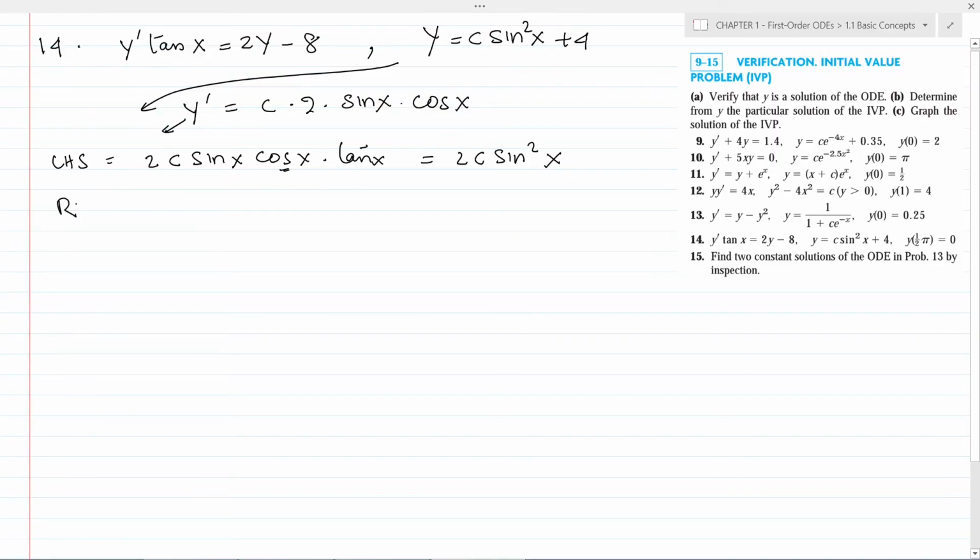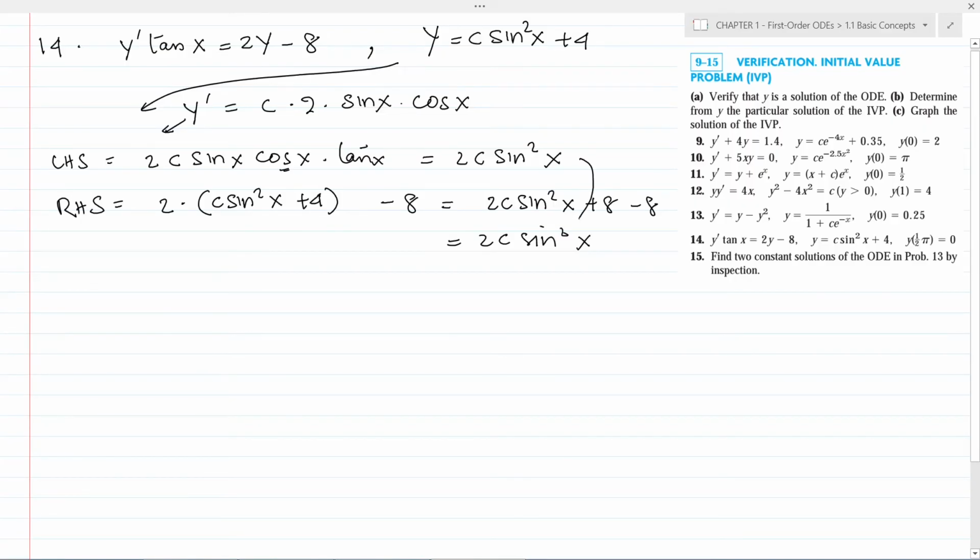Now RHS of this differential equation becomes 2 multiplied by y, which is c sin square x plus 4 minus 8, which is equal to 2c sin square x plus 8 minus 8, which is equal to 2c sin square x. Now we see LHS equal to RHS. So this is the general solution of this differential equation.